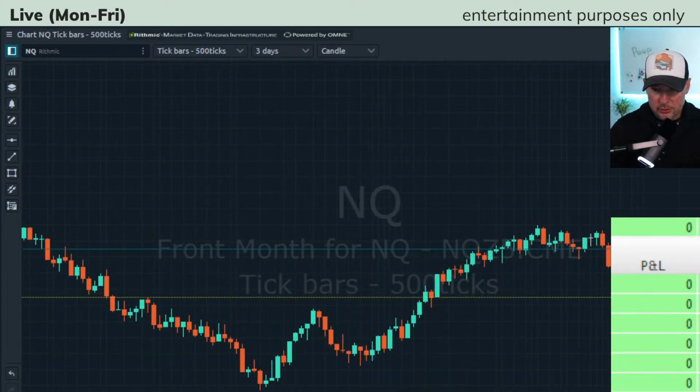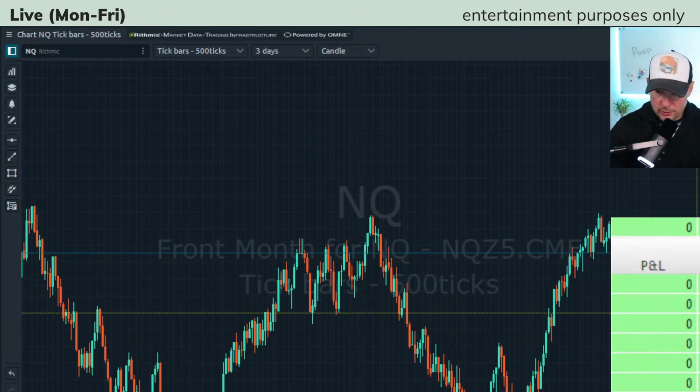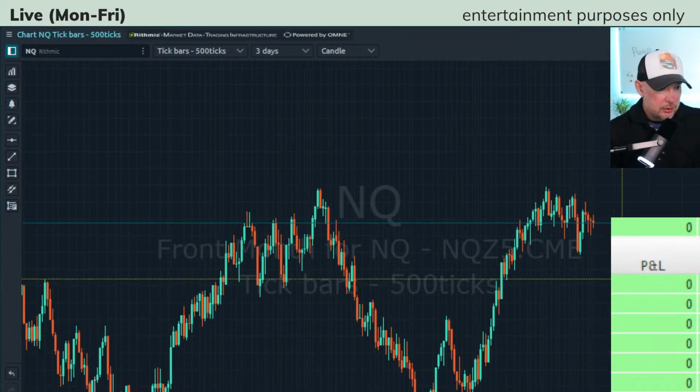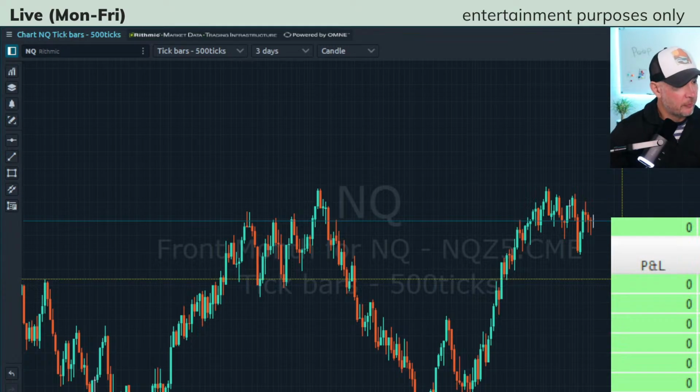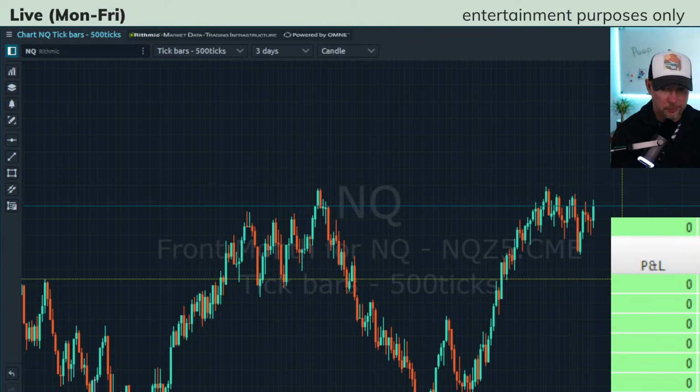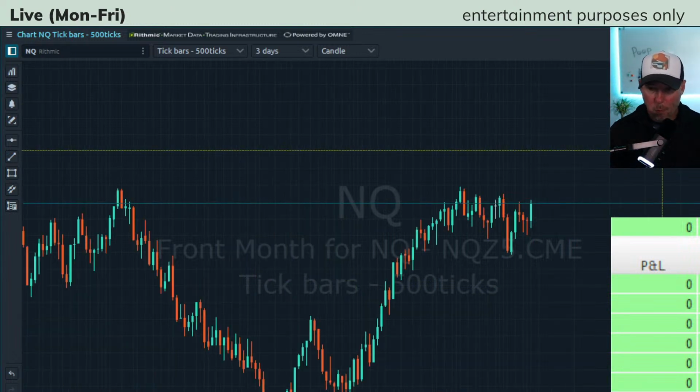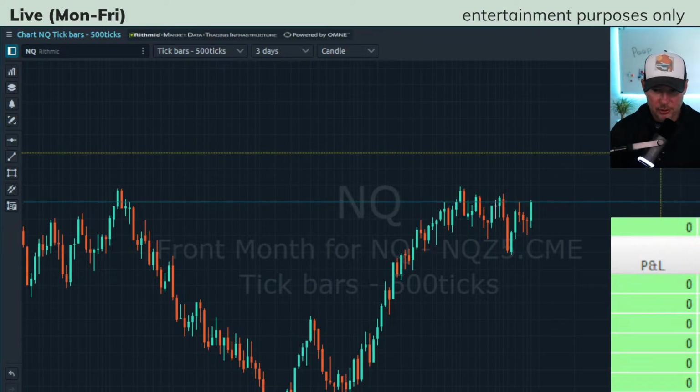All right, Russell is pulling back. We'll see if that helps us in any way to gauge where the market wants to go next. Okay, looks like this bull flag wants to break out now.